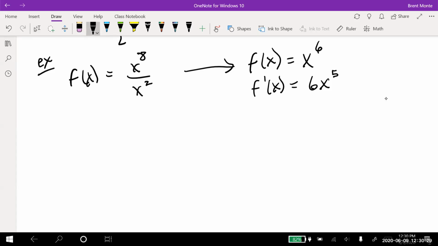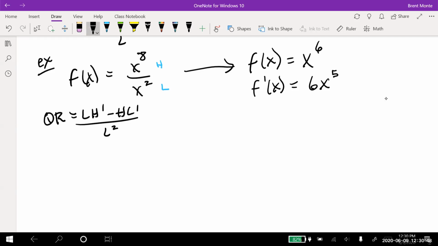And so remember, the quotient rule, low d high minus high d low, square the bottom, and away we go. I like to write that down each time just so that I get it in my memory. This one, of course, is the high, and this one's the low.